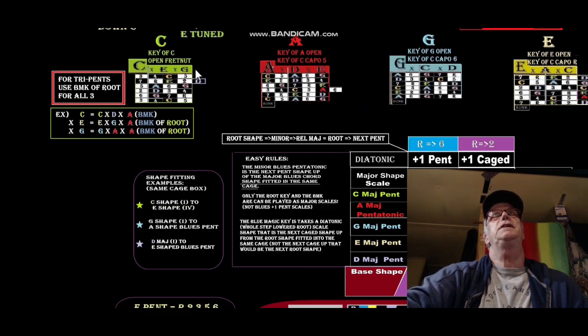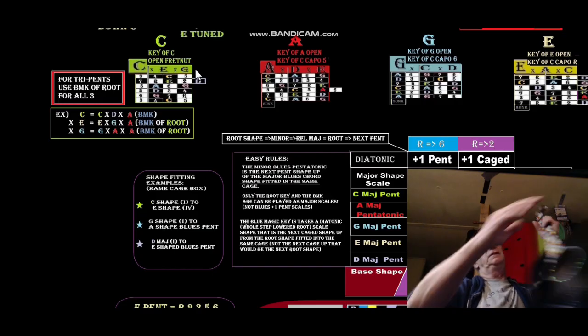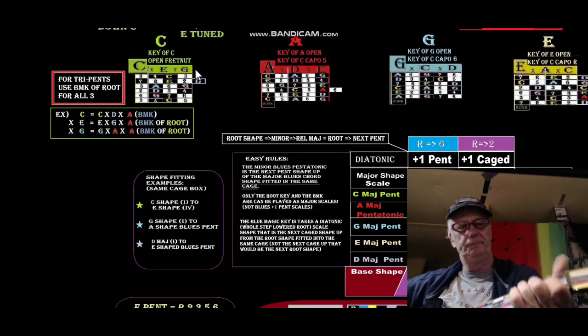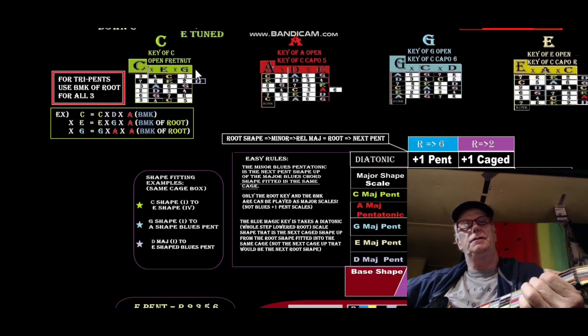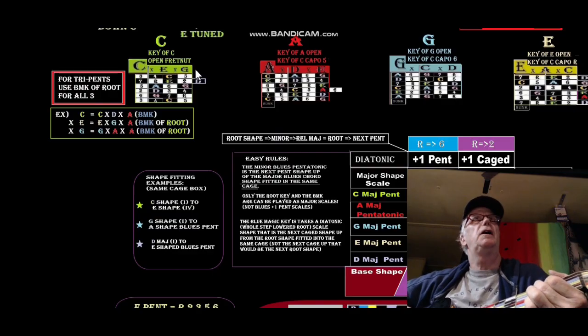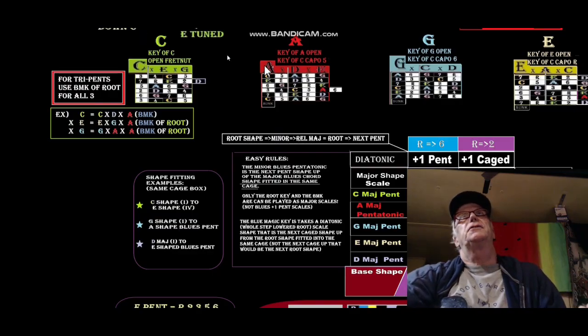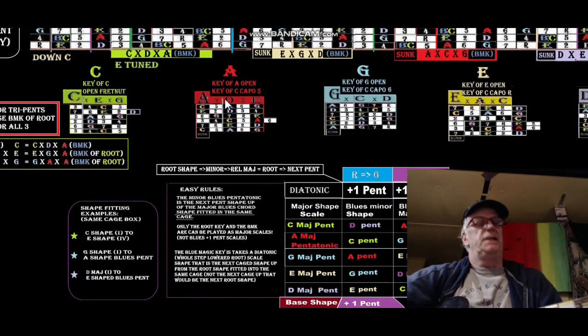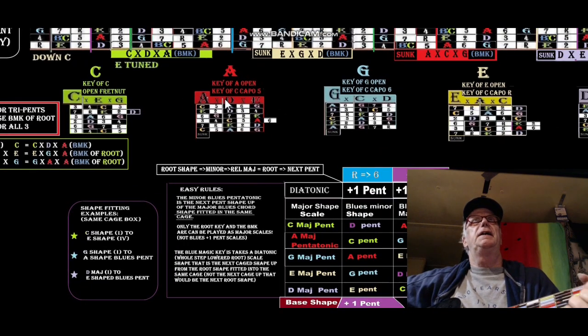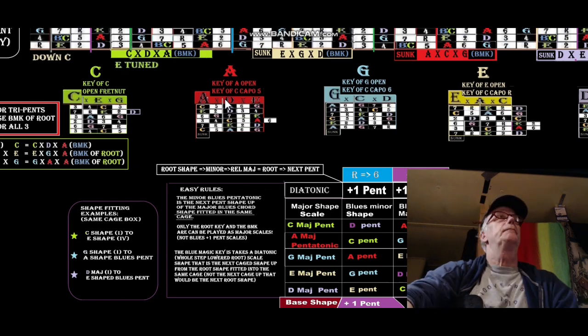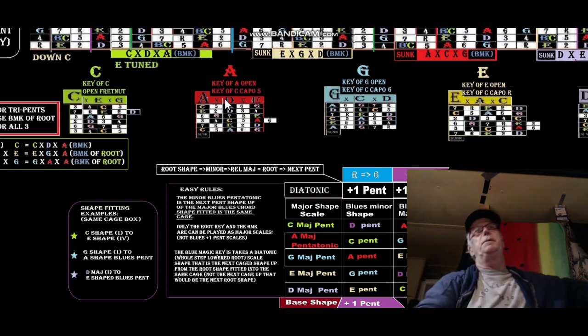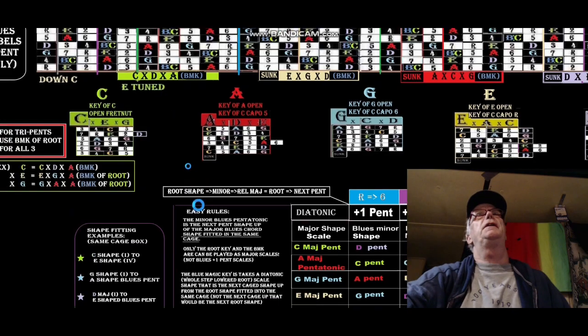C, E, G, okay, C, E, G. It's 1, 4, 5. In the A, the tripent in the A is A, D, E. Okay, so the tripent labels are not these labels.